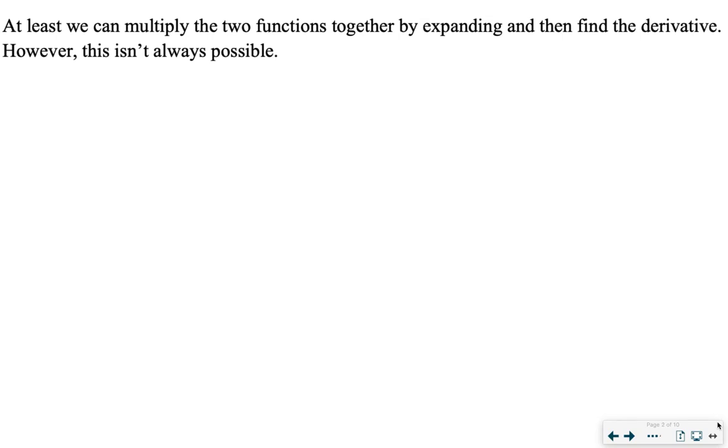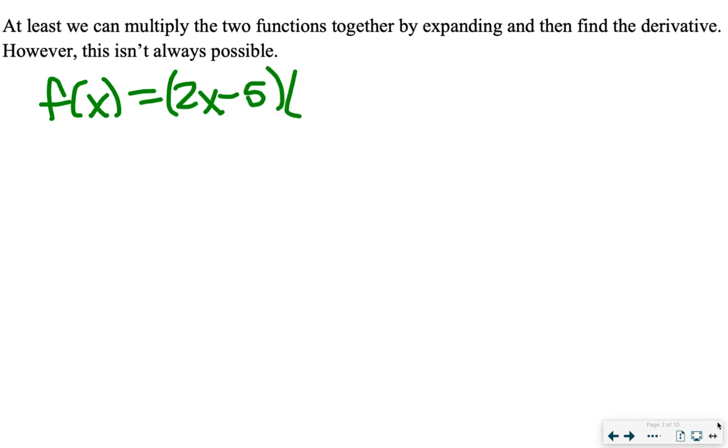So we know we can expand and then find the derivative, but that's not always possible. For example, if I'm looking at some function that is, say, 2x minus 5 being multiplied by the square root of 3x plus 4, I can't multiply those together to expand it and take it term by term.